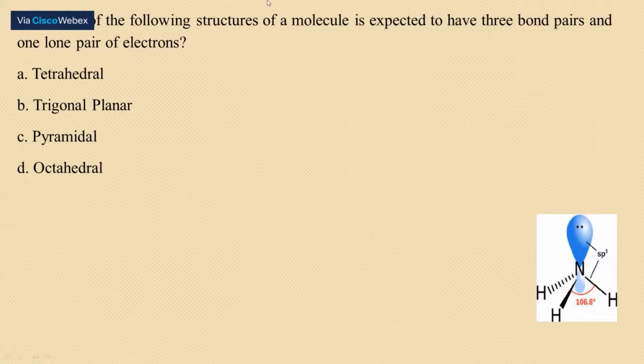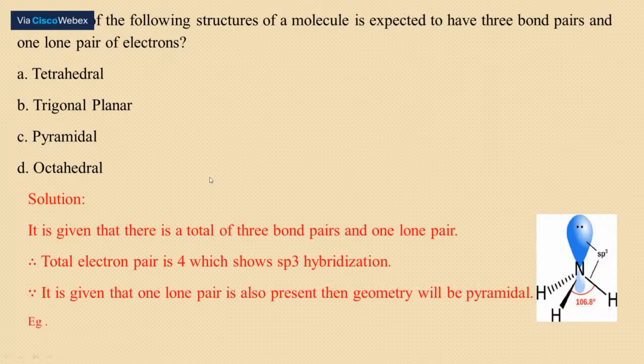Now, which of the following structures of a molecule is expected to have 3 bond pairs and 1 lone pair of electrons? It is given that there is a total of 3 bond pairs and 1 lone pair.